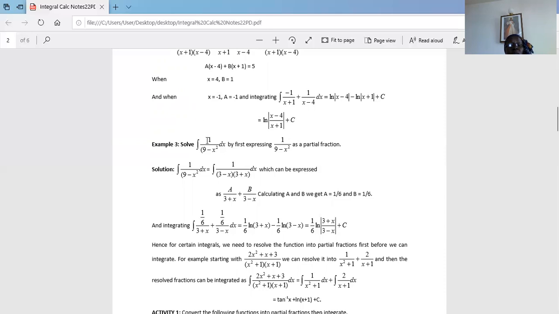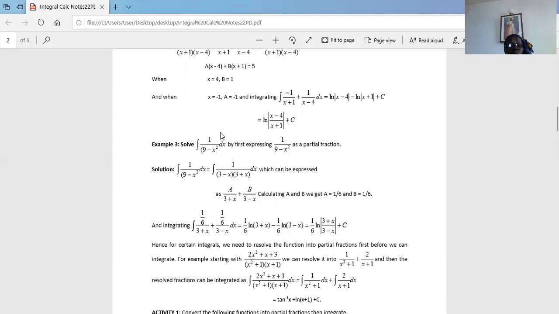So we can solve, for example, this, and you need to be very keen to find out what type of expression you have in the denominator. Is it an expression that can be factorized, or is it an expression that we cannot factorize?